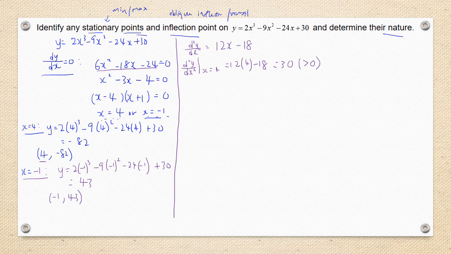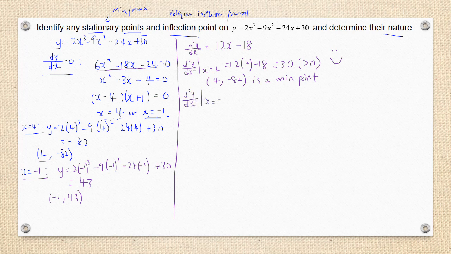Greater than 0 means I got more money, so I'm happy. Happy, so we get a smiley face. So this tells me that the point (4, -82) is a minimum point. This is how we use the second derivative to identify whether a point is a minimum or a maximum point. Now let's try the other point.